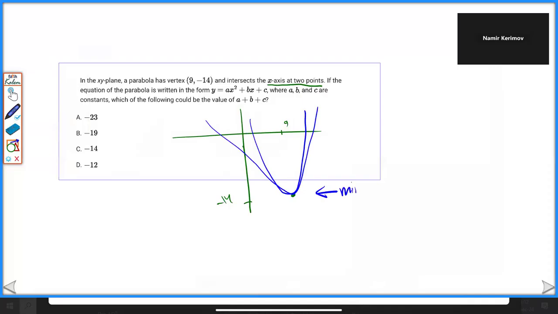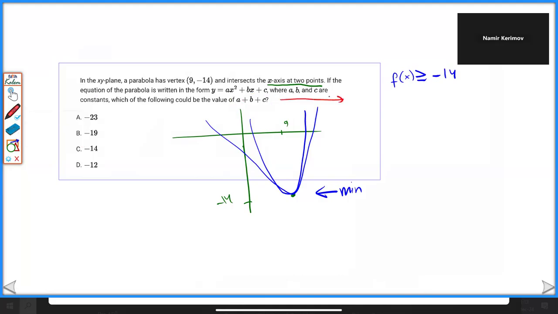It's always the minimum of the function, yes. So negative 14 is the minimum of the function. For that function, let's say f of x, values have to be negative 14 or more than negative 14. And then, as you said, we should find a plus b plus c.